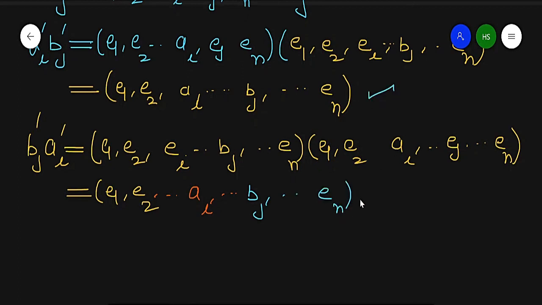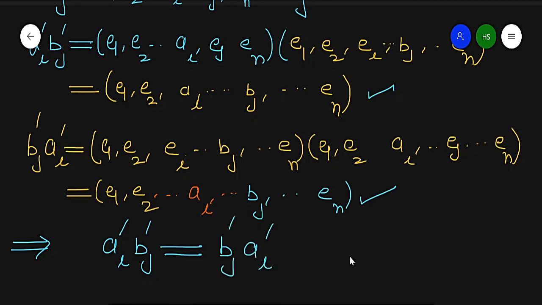Now both of these are equal, so it implies ai dash bj dash is equal to bj dash ai dash for every i not equal to j.